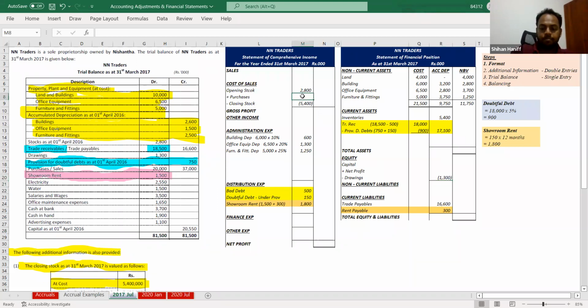Purchases 20,000. Sales 37,000. Electricity, water, salaries, maintenance. Okay, take a few minutes and complete this.